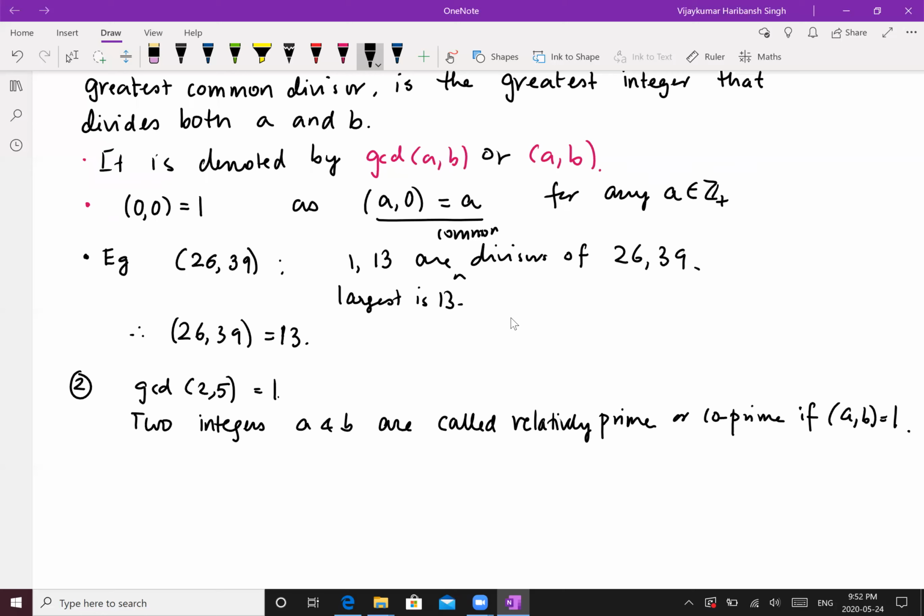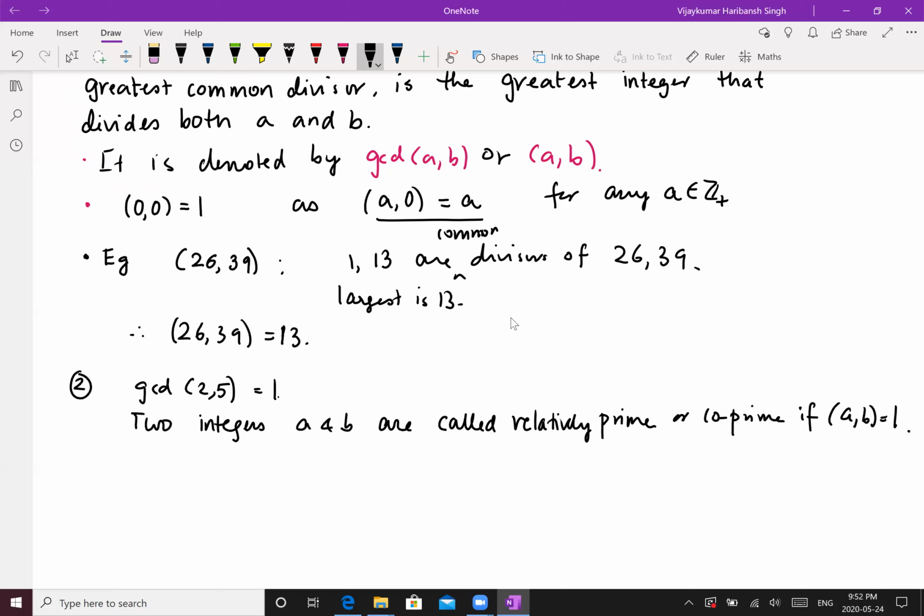So these are the definitions of GCD. It's a very useful object in the whole of mathematics, and we'll see soon why.